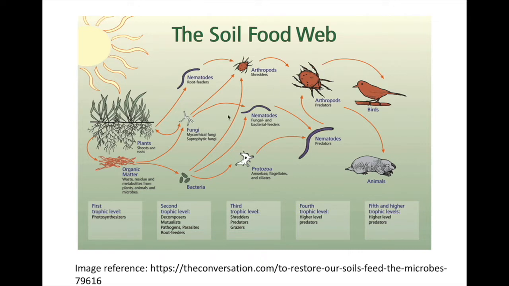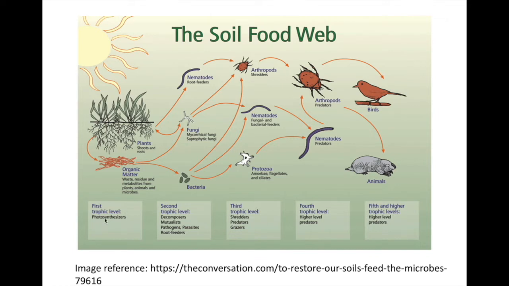You will notice that there are microorganisms right there. There are also macroorganisms in this soil food web. We have the arthropods and also the animals that are related via the food web. You will notice here the different trophic levels presented.